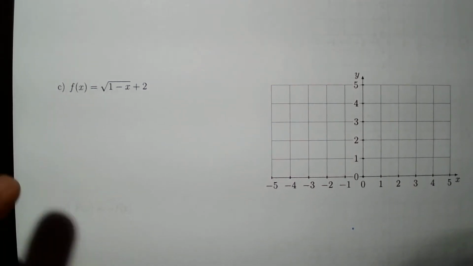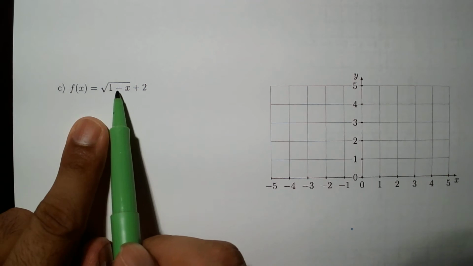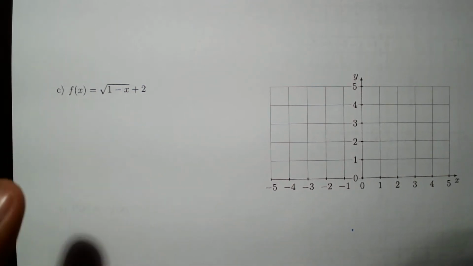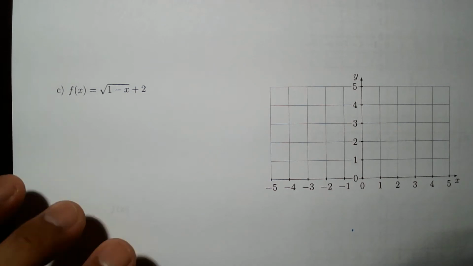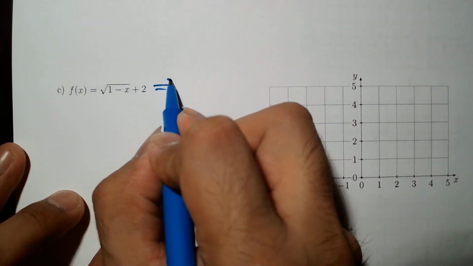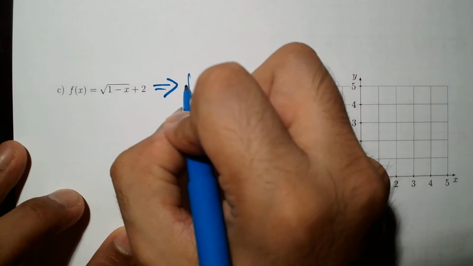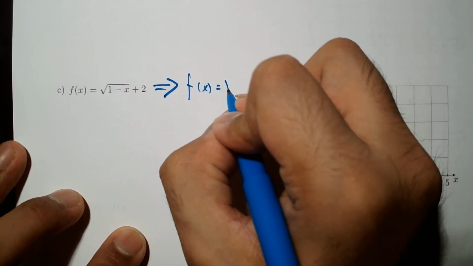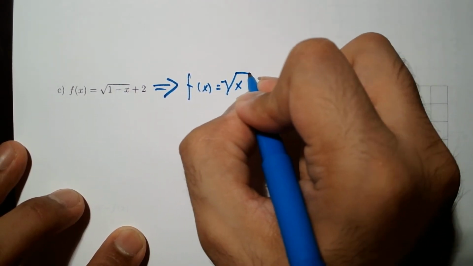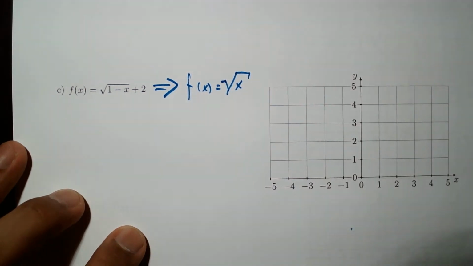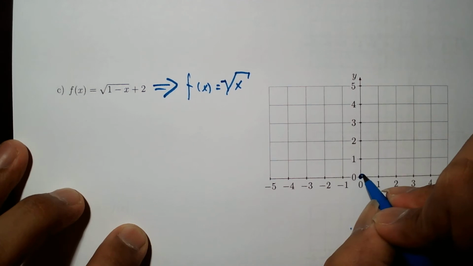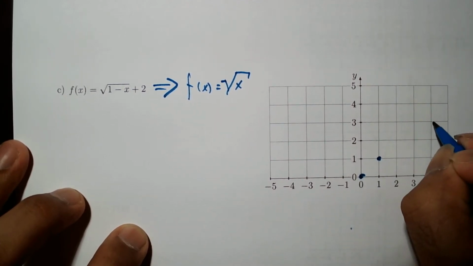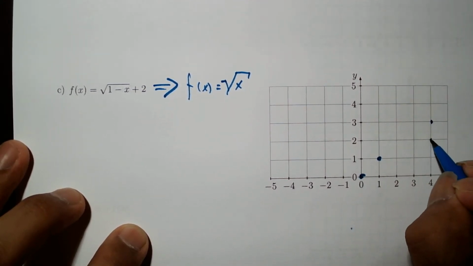Okay, so suppose we don't have that 1, we don't have the negative, we don't have that positive 2. So what are we going to have? Each parent graph is going to be f of x equals the square root of x, whose points are (0, 0), (1, 1), (4, 2).